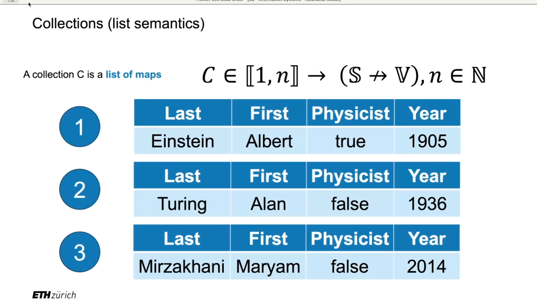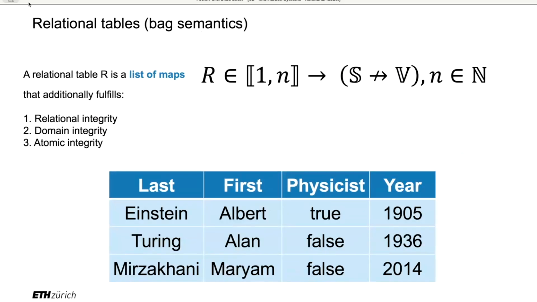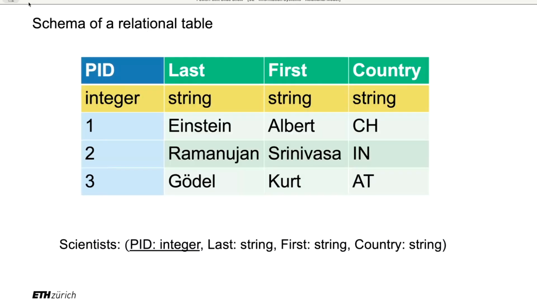So it does a little bit of everything. The systems that you have in practice do support bags and lists if you want duplicate records and if you want to have an order in the records. Okay. So we are making progress here.